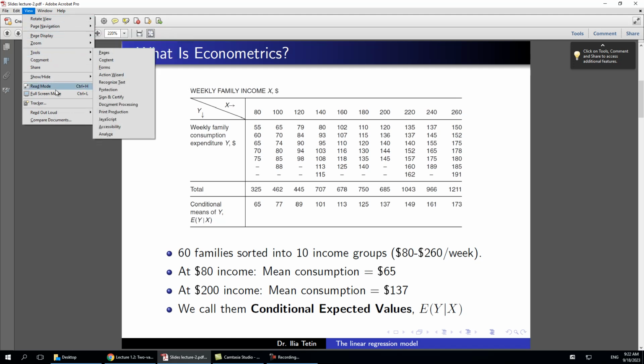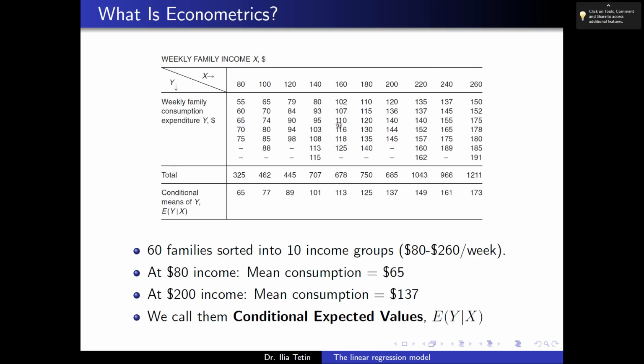Full screen mode. Okay, so here are some data on weekly family income, and you can see that there are two variables, obviously Y and X. The pair regression analysis involves just the dependent and independent variables.